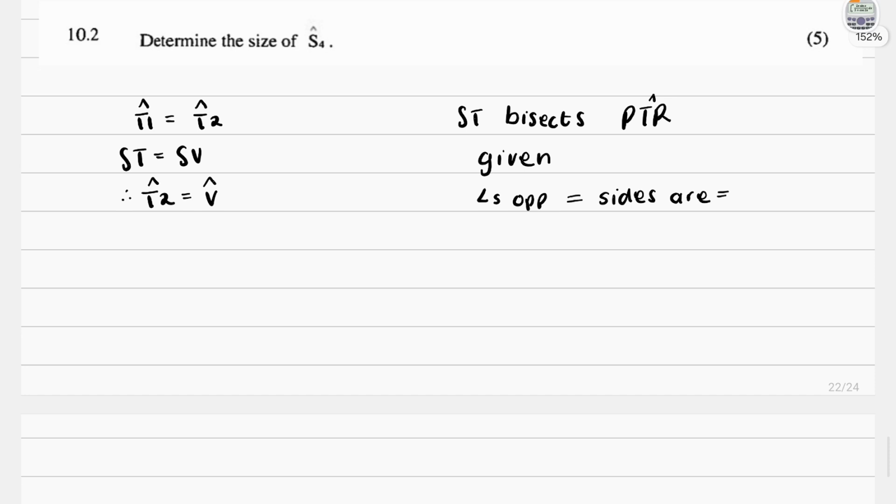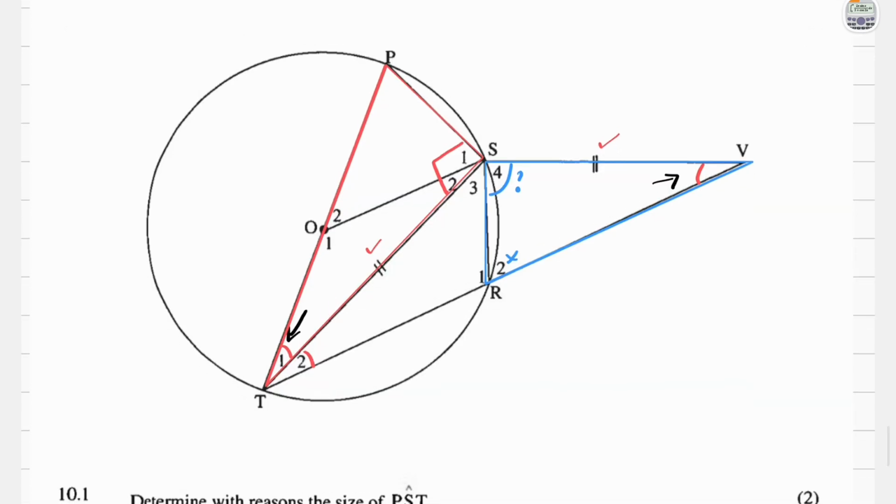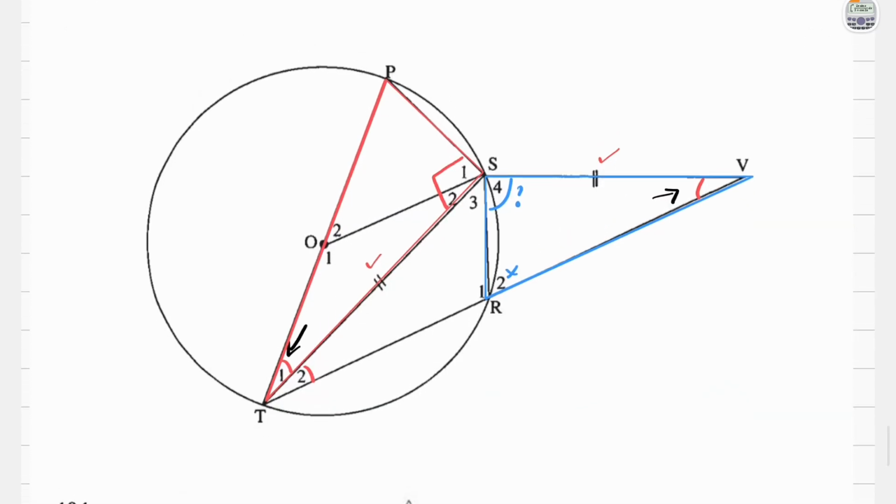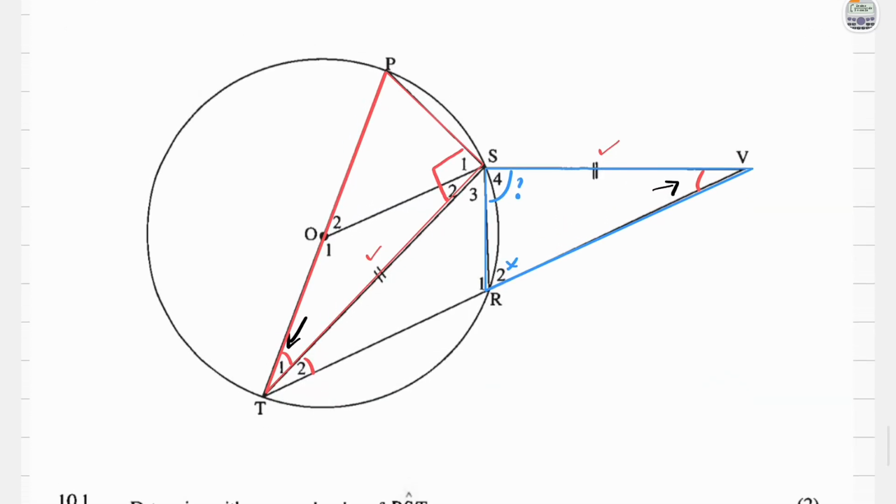So angle T1 is equal to angle V. And now that they are equal, we can focus on the other angle that we need to find in this triangle to better understand what exactly angle S4 is, which is this angle over here, angle R2.